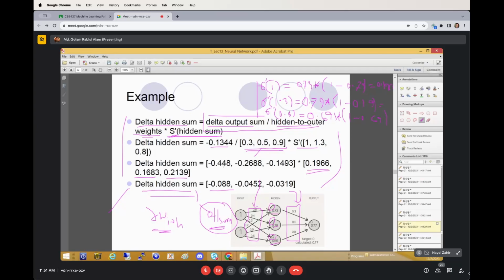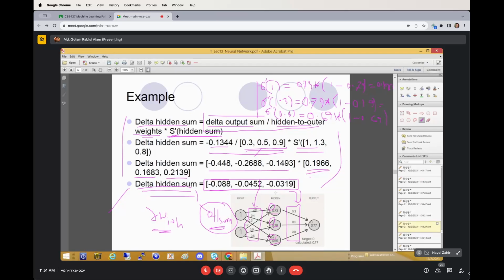And then after doing this we will get that, and we have already calculated this part, so this is that. Now if we multiply these two, we will get the delta hidden sum. So the delta hidden sum will be these values. Okay, so we got the delta hidden sum, but that is not our target.